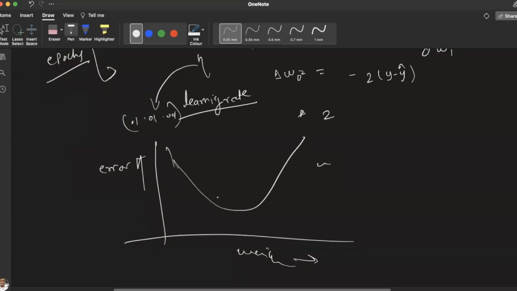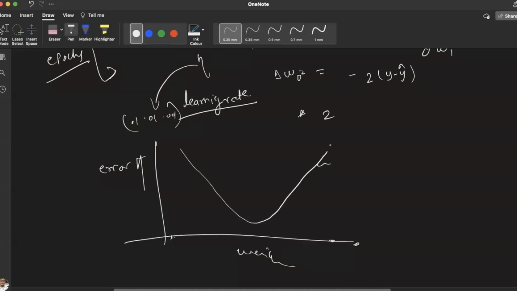If we randomly generate the weight, it will be generated somewhere in this range, 0 to 1 itself. Let's say we generated 0.9 something as the weight.